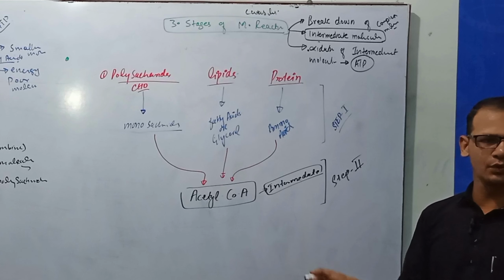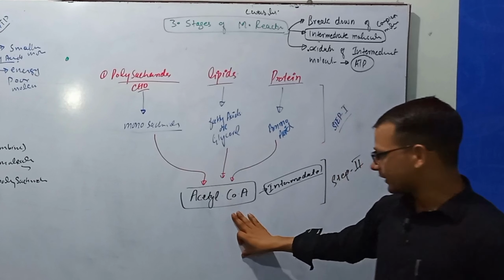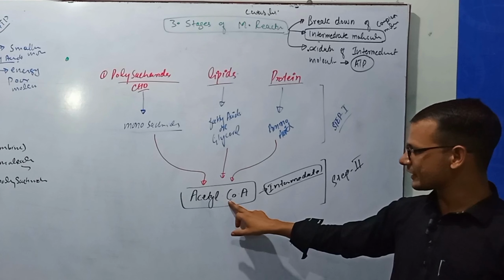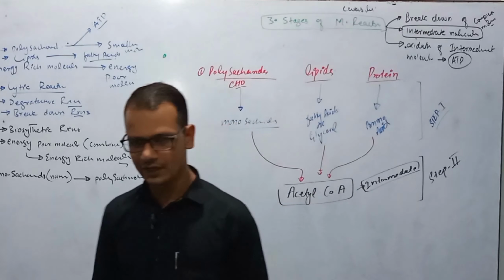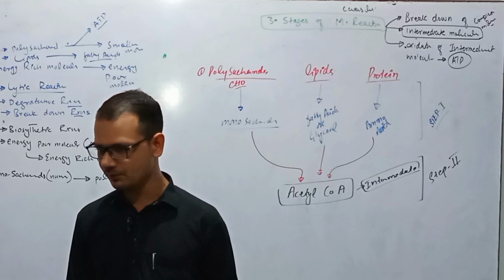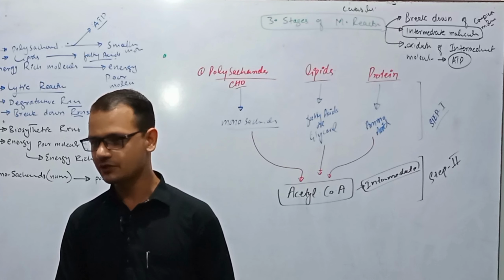Acetyl coenzyme A and pyruvate, both are intermediate molecules, right? After this step, this acetyl coenzyme A will enter the mitochondria, and oxidation will take place, because mitochondria is fully dependent upon oxygen.